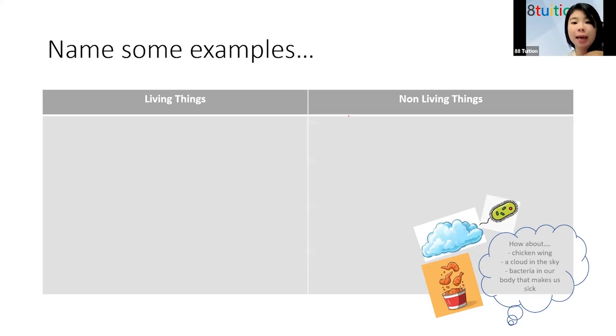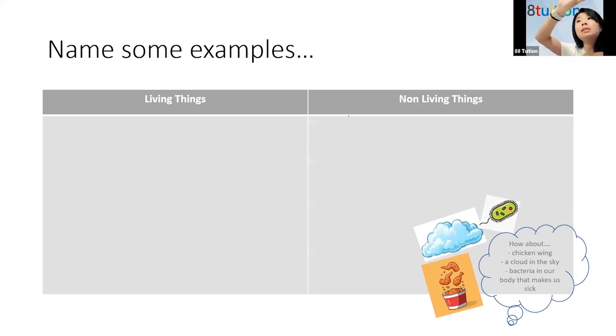How about the cloud in the sky? Non-living or living? I think it's a living thing. The cloud is living. Does it reproduce? No, right? It doesn't die also, right?